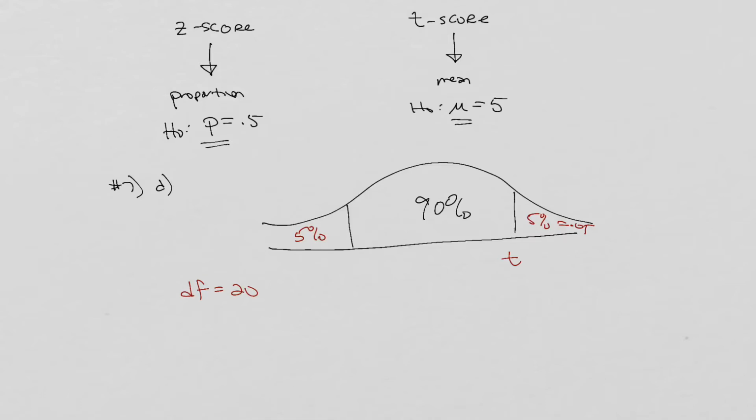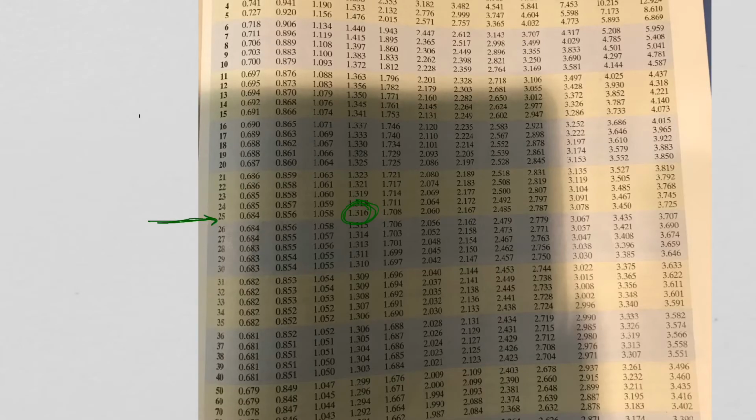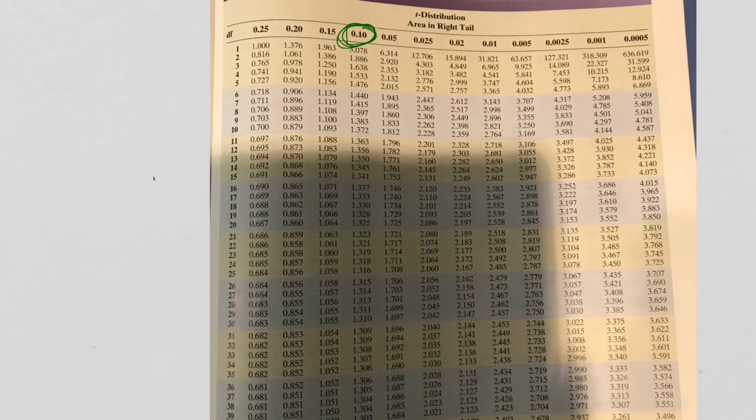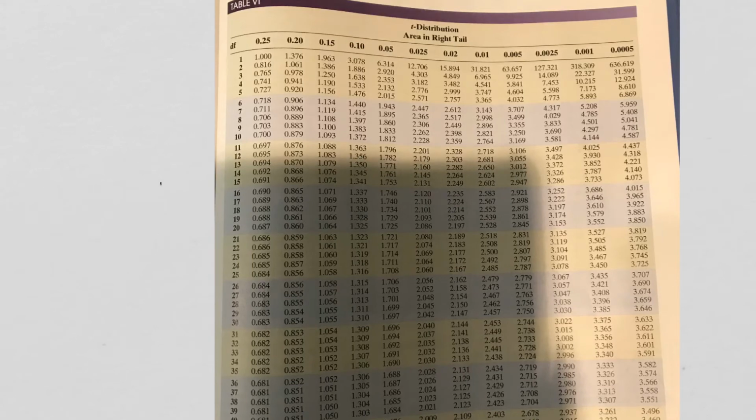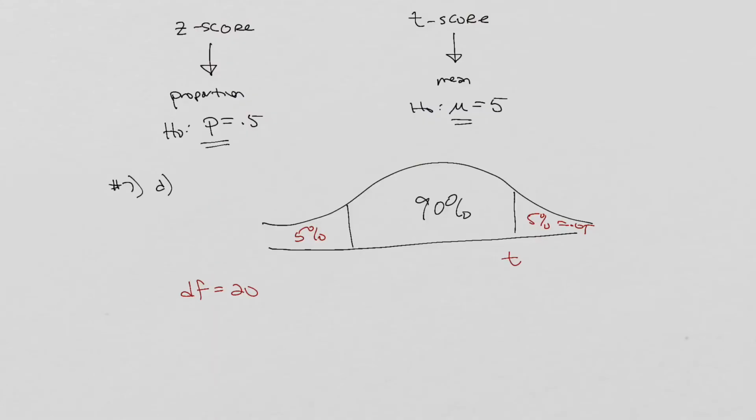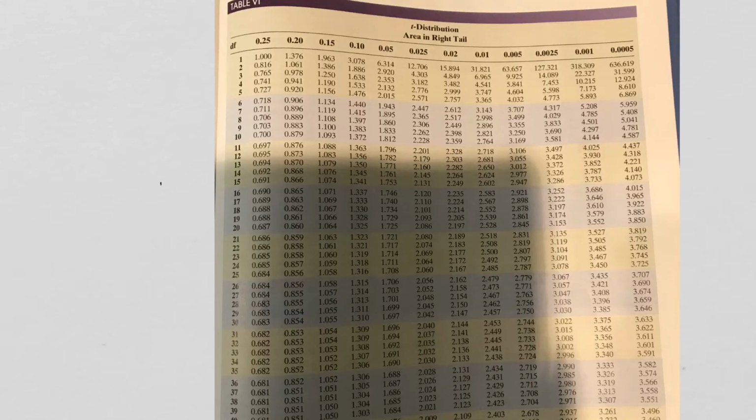All right, so again, let's go back to our chart, and let me erase this stuff here. So for this one, what probability am I looking up? Well, I want to have 0.05 in the tail. So we'll look at this particular column right here, and I have 20 degrees of freedom, so it's going along this particular row.